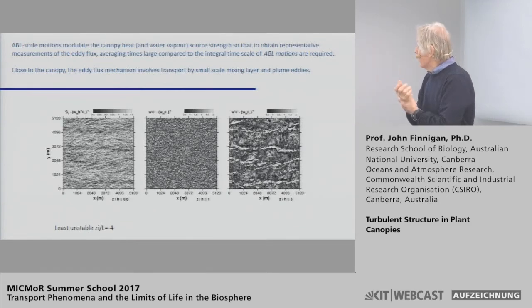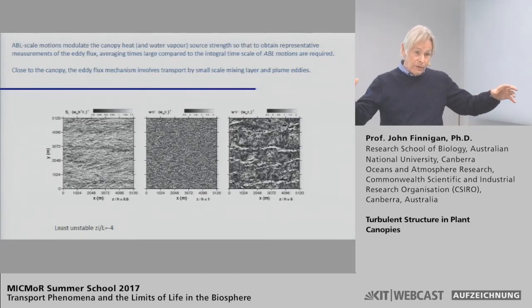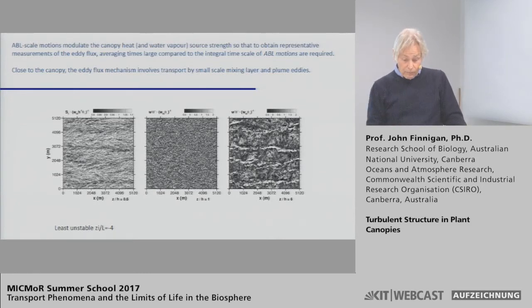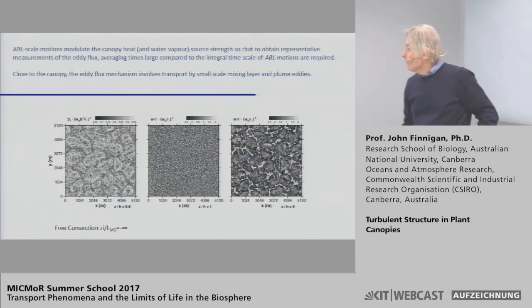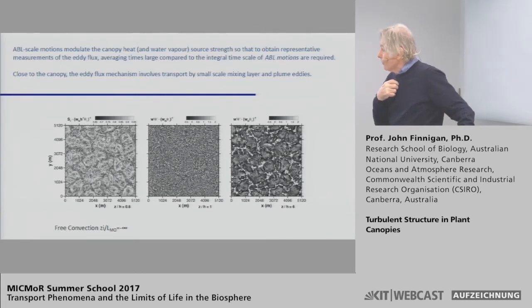If we go up a bit to 6 canopy heights, now we see that that stuff that came out of the canopy has been swept up and organized into the large scale structures of the whole atmospheric boundary layer. This is clearer, just maybe even clearer, if we look at the free convection case.